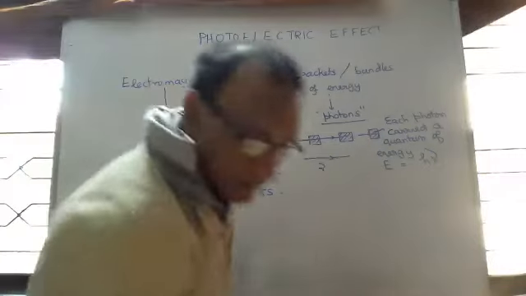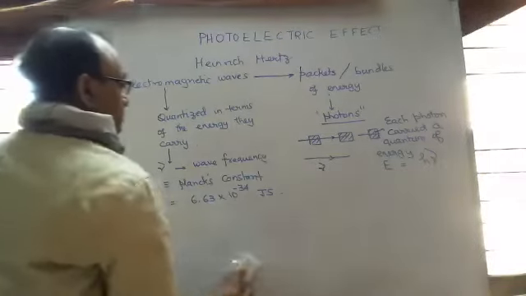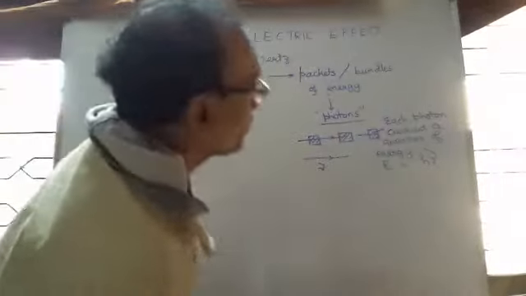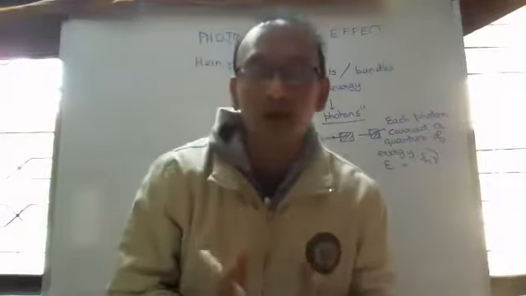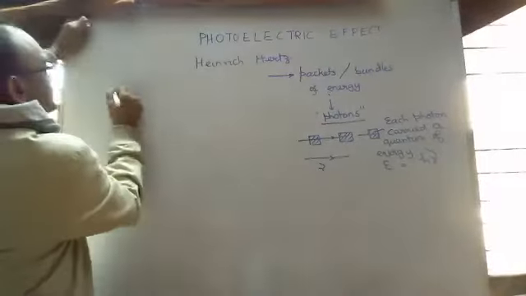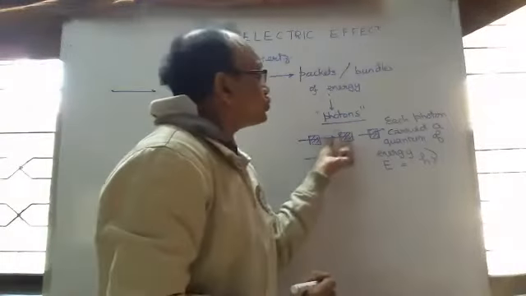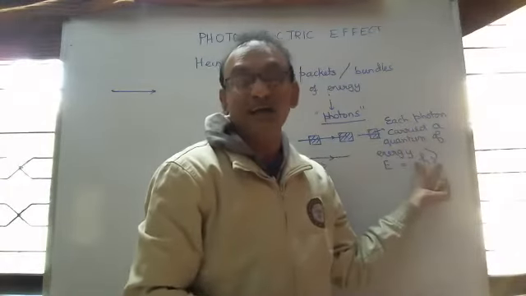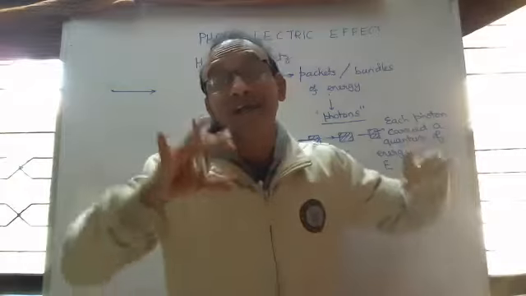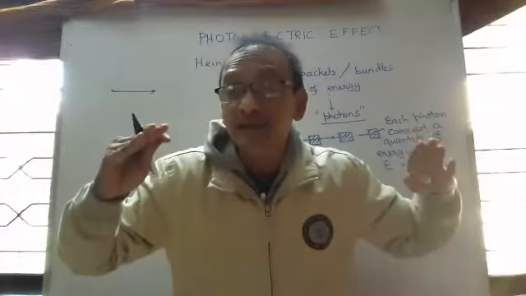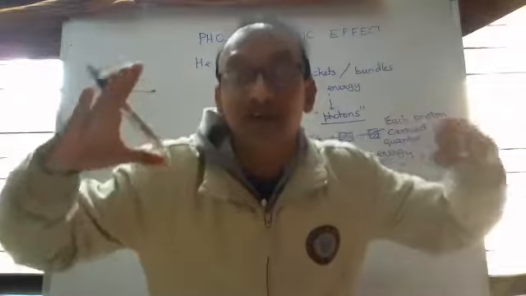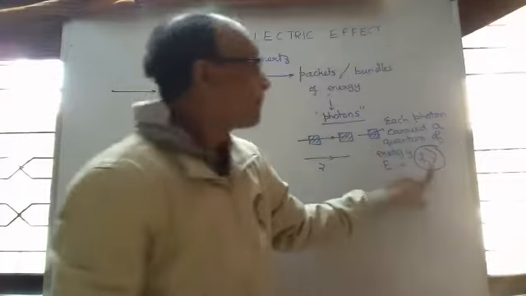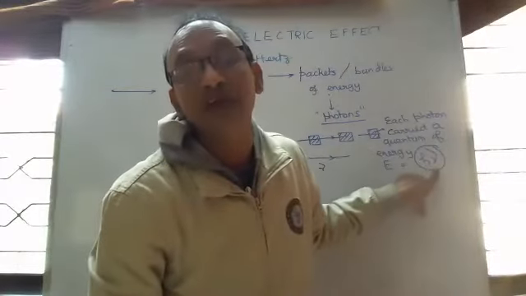Now, these photons had certain basic properties. So one thing for sure, the total energy carried by the electromagnetic wave would always be an integral multiple of h nu, because there would be an integral number of photons. That's why we say that the energy is quantized. It will exist only in integral multiples of a certain quantity h nu, which is the energy carried by a photon.